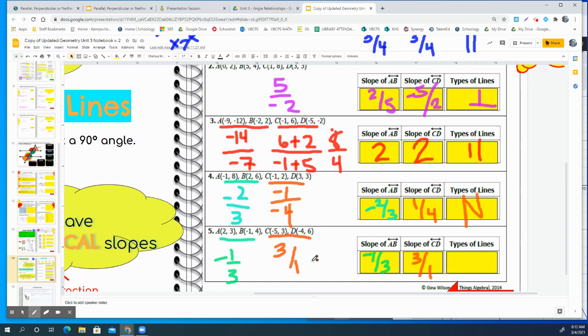Why are they perpendicular? Because that's the reciprocal, and they're opposite signs, right? 1 over 3 turns into 3 over 1. A and B is a negative slope. It's going to go down. And then C and D is a positive slope. It's going to go up. Okay.